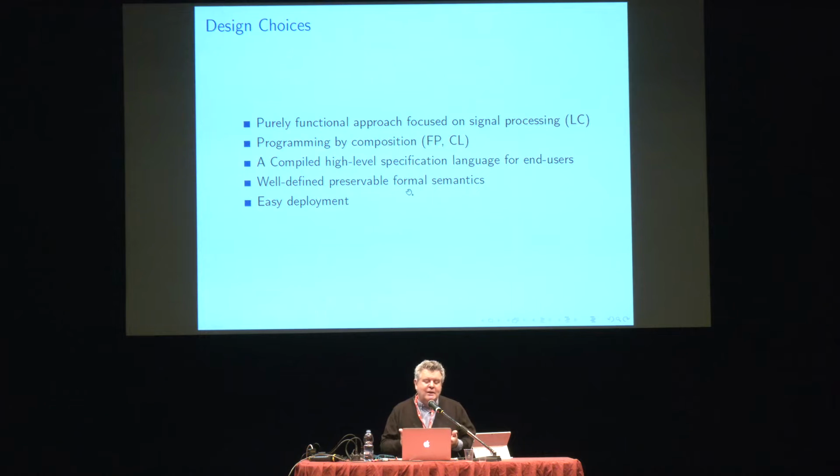It has a well-defined and preservable formal semantics. Maybe that's something that I can show you. We all have a problem doing electronic music, a problem of preservation. How are our works going to survive? In particular, it's not enough to preserve the files, because the languages evolve.